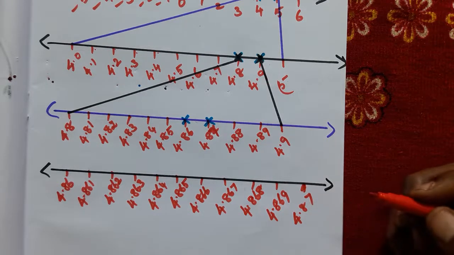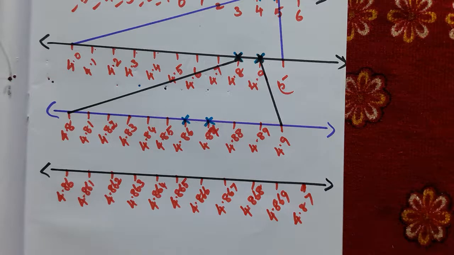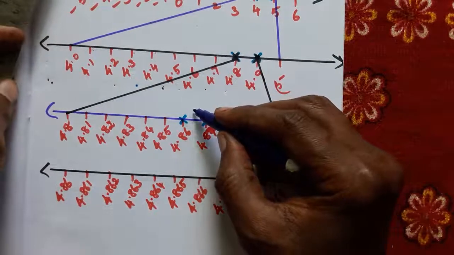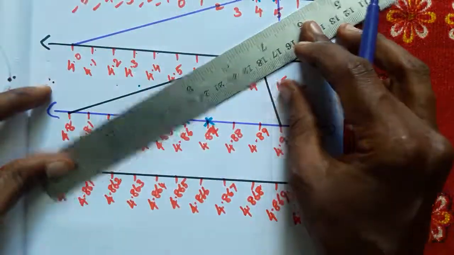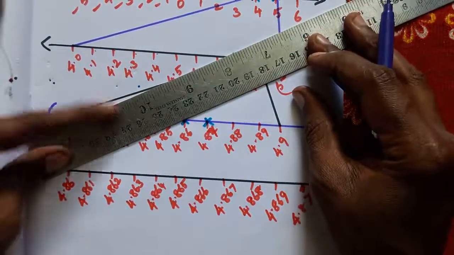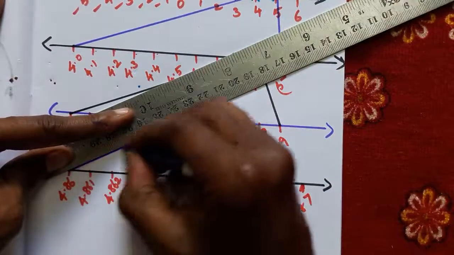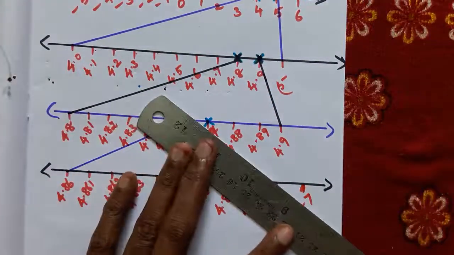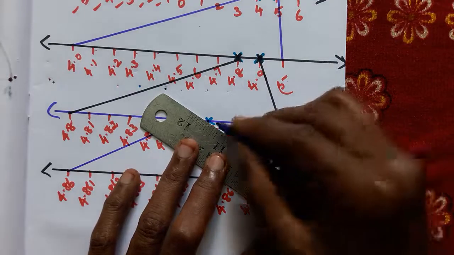Can you understand this? Now, with the same procedure, you join 4.86 to 4.86 and 4.87 to 4.87.